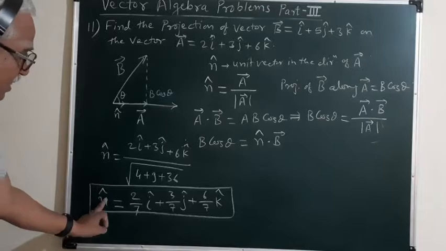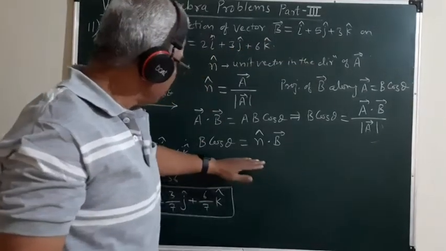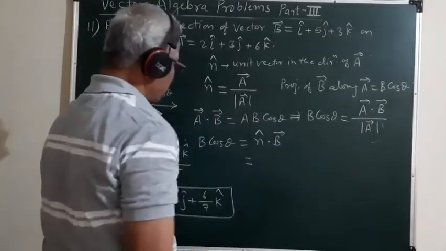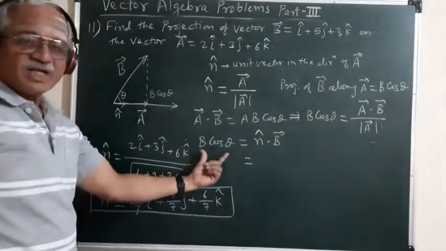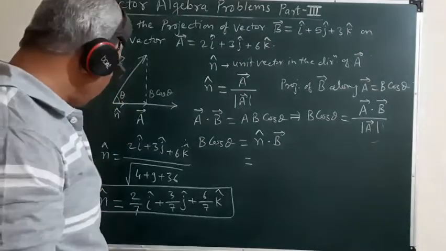So this is the unit vector n cap in the direction of the vector a bar. And using this expression for n cap and the given vector b bar, here we can find out the dot product of n cap and b bar, which will give us the component of b bar in the direction of vector a bar.